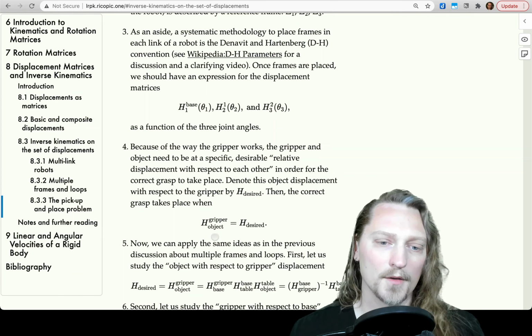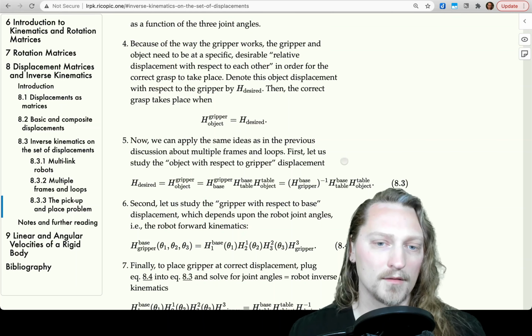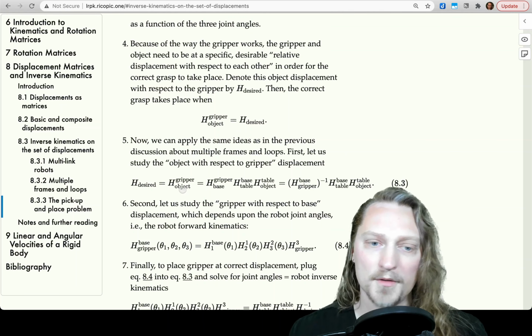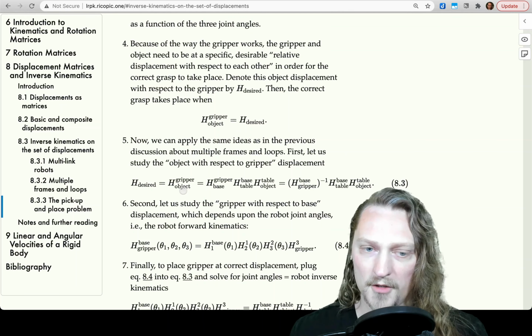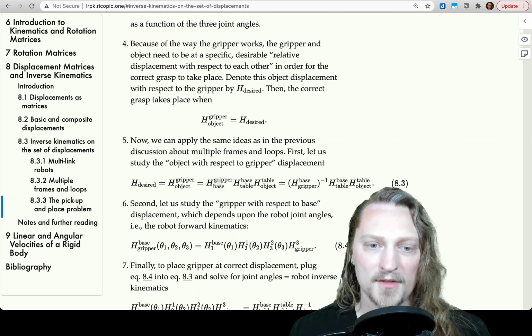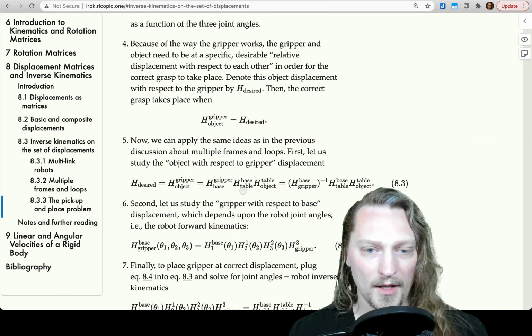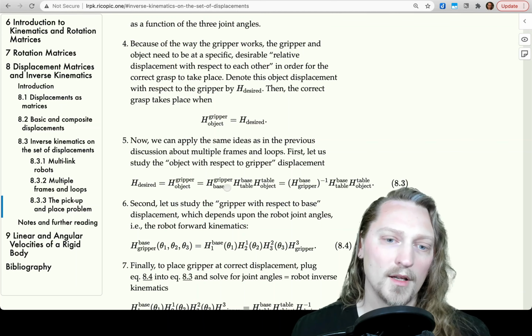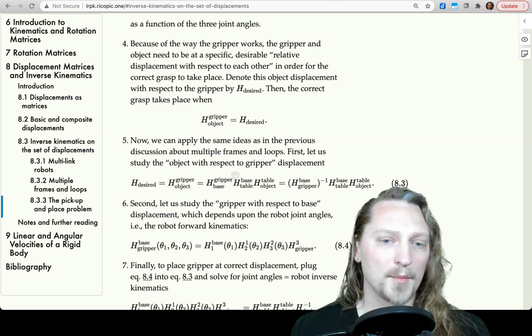5. Now we can apply the same ideas as in the previous discussion about multiple frames and loops. First, let us study the object with respect to the gripper. Okay, this displacement is H desired equals H object in terms of the gripper, which is equal to H base in terms of the gripper times H table in terms of the base times H object in terms of the table. Notice again, subscript matching with superscript.